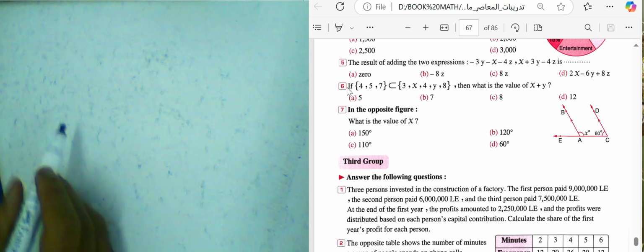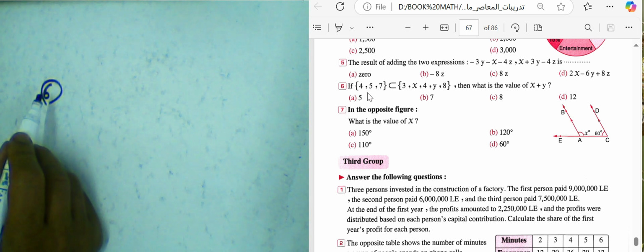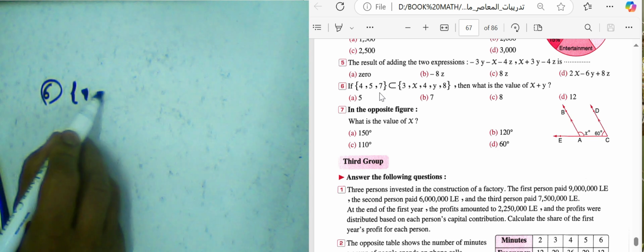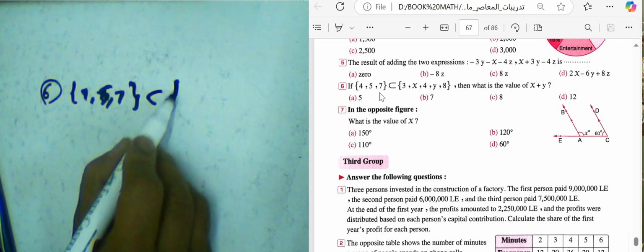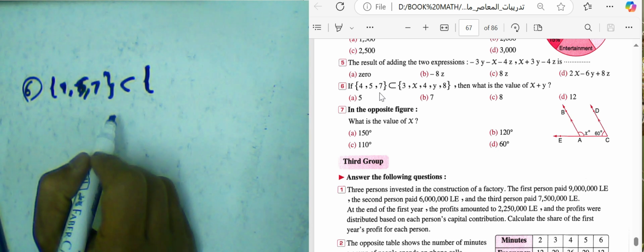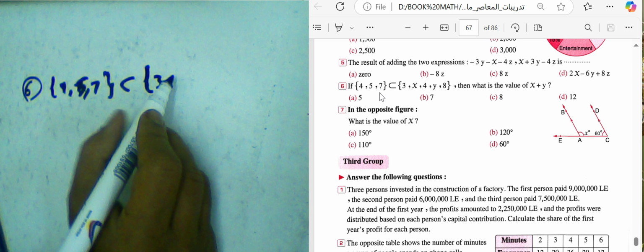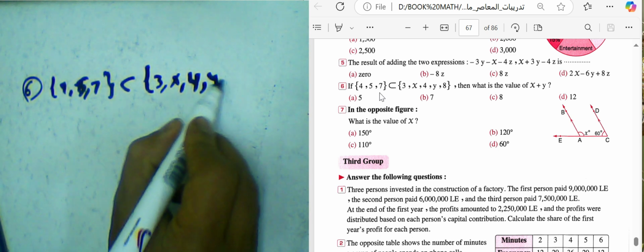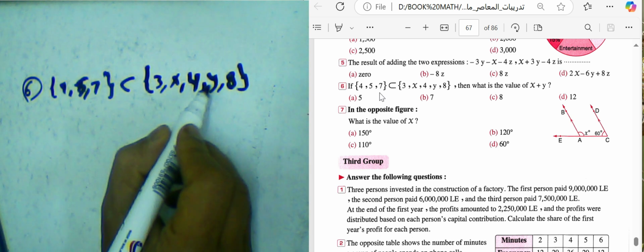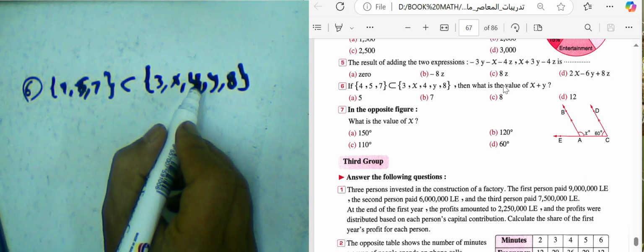Then the next question, number 6. If the set of 4, 5 and 7 is a subset of 3, x, 4, y, 8, then what is the value of x plus y?